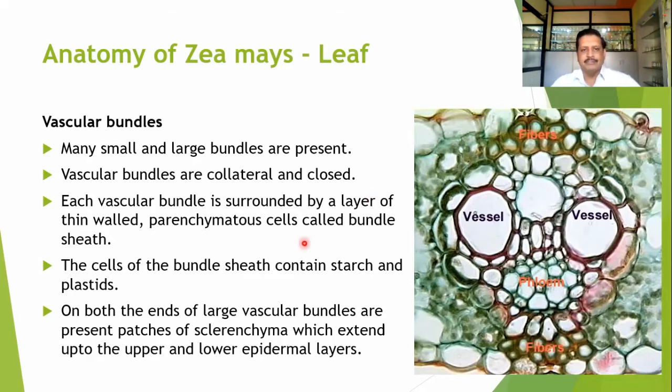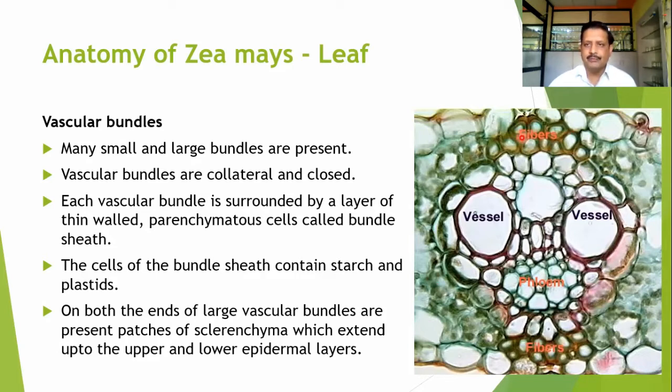Each vascular bundle is surrounded by a layer of thin-walled parenchymatous cells called the bundle sheath. The cells of this bundle sheath contain starch and plastids. On both ends of the large vascular bundles, there are patches of sclerenchyma, which extend up to the upper and lower epidermal layers.